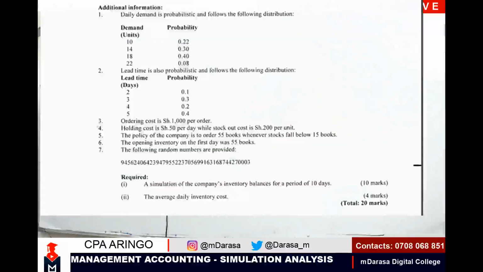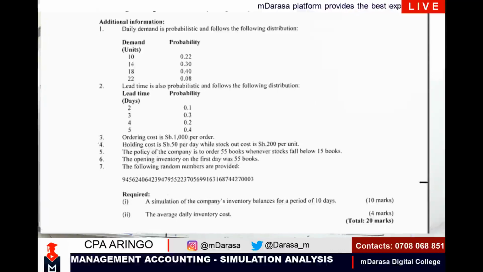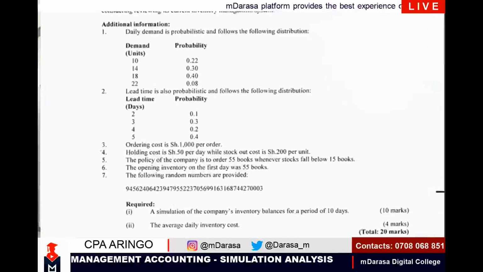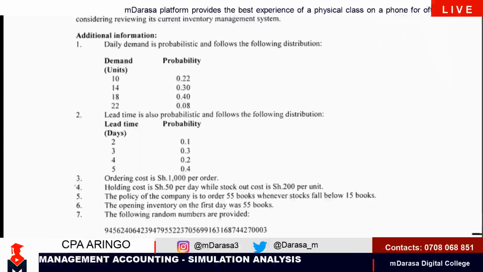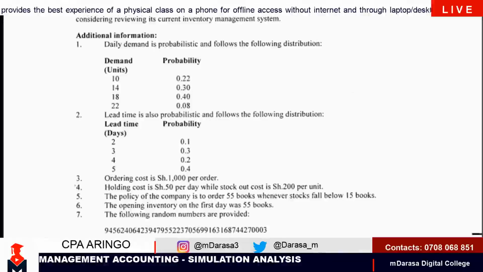Look at note number 6, my good students. In note 6, we are told the opening inventory of the first day was 55 units. So that is what you are going to consider as our opening inventory. Always have that in mind.